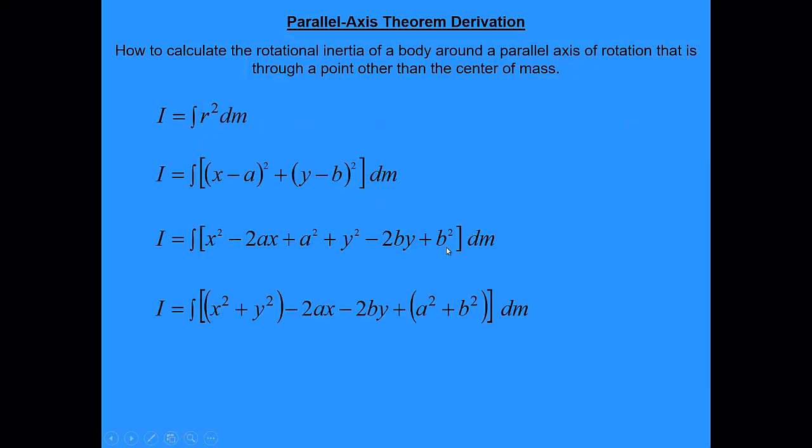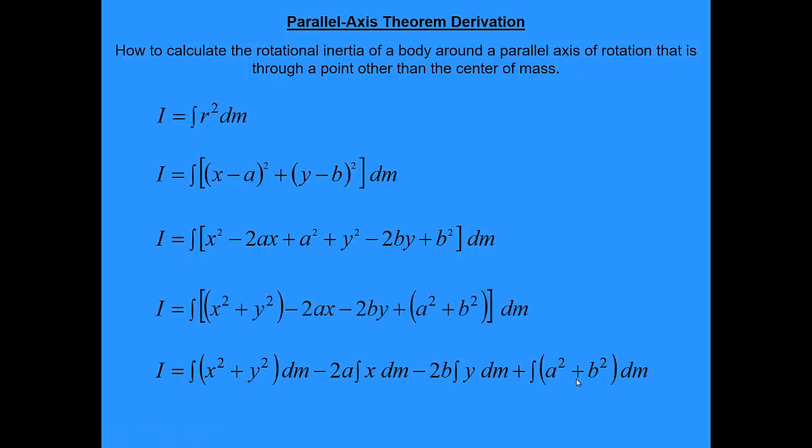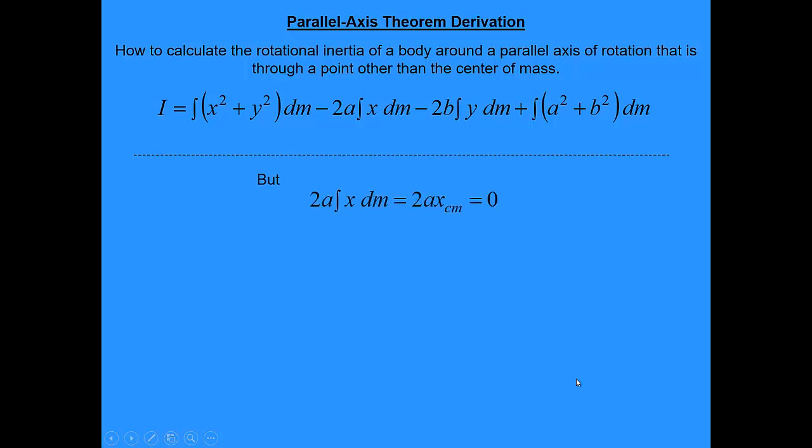And if you look back at the diagram, what was the position of the center of mass? 0, 0. So this is 0. So that goes away. Likewise, this is just the position vertically of the center of mass, which is also 0.